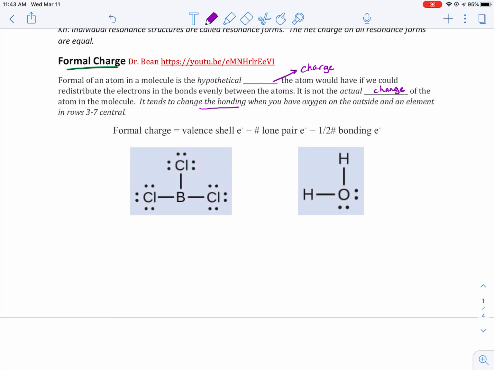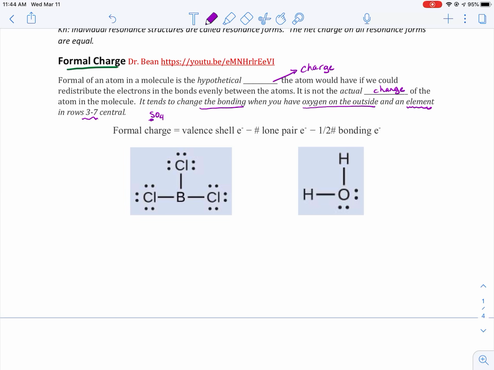And when it comes into play is when you have, again, the oxygen on the outside. And the key thing is that you're going to have an element in rows 3 through 7. Now, you can also have it in other situations, but if you have a polyatomic ion like an SO4, something that can do more than 8 electrons around the middle, hypervalent or expanded octets, you might make sure you check the formal charges.